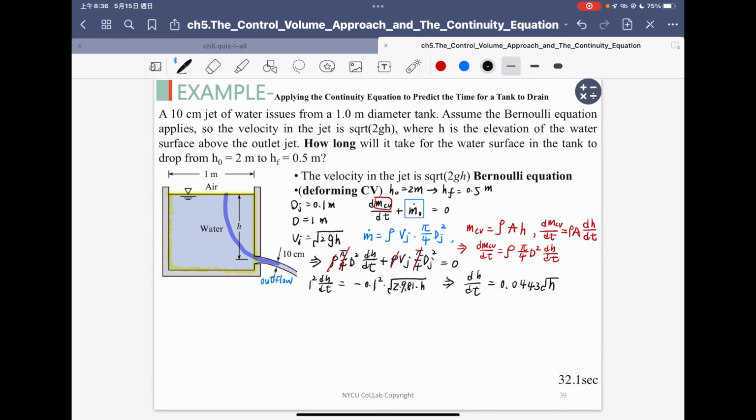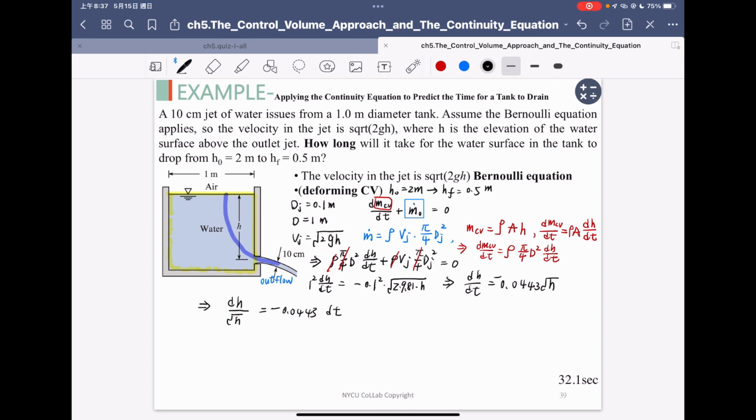So in here we know that dh divided by root h will equal to minus 0.0443 dt.